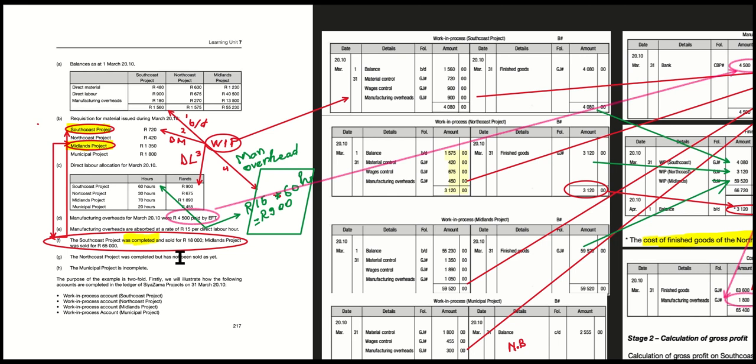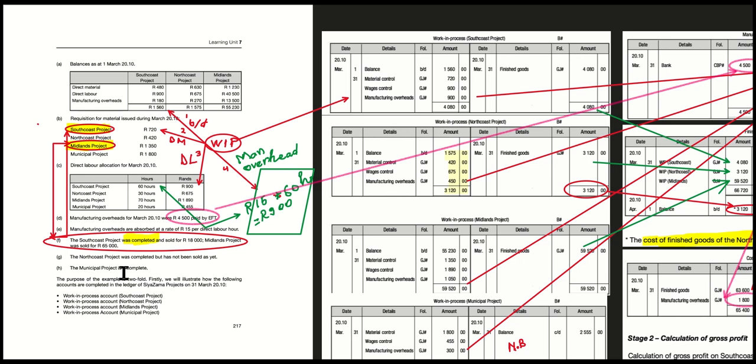This is important because for these two projects, when we are dealing with the finished goods, we understand that they were completed and they were sold. But the municipal project was not completed. For example, if you look at section H, the municipal project was not completed. So it is incomplete. All right, so it's still work in process.